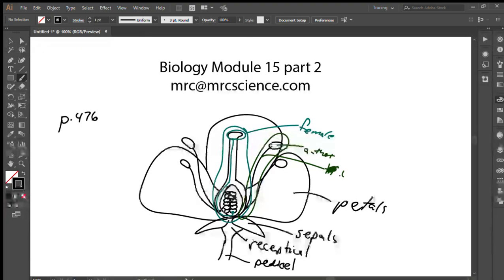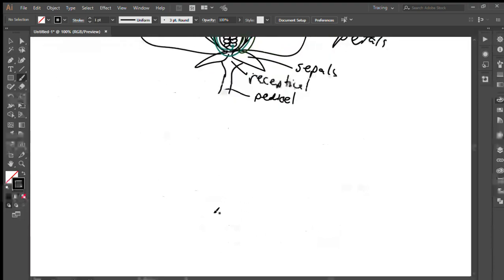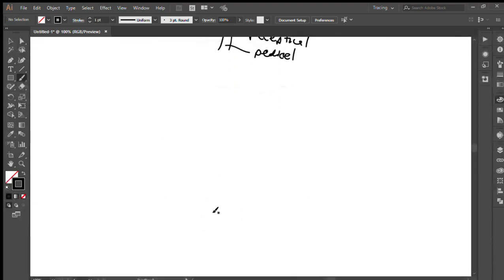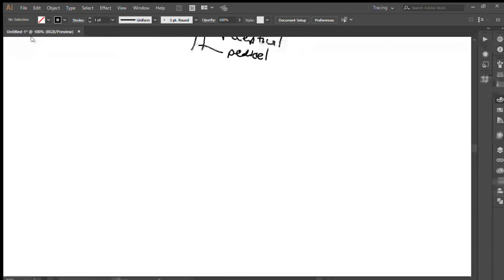It gets a little more complex than this though. Now we find out that there are different types of flowers. Two of the possible types are perfect and imperfect.